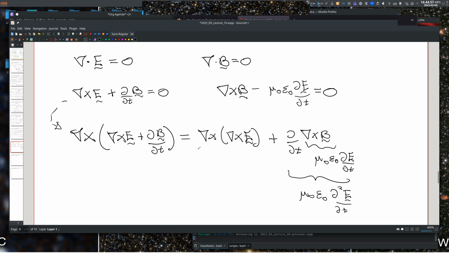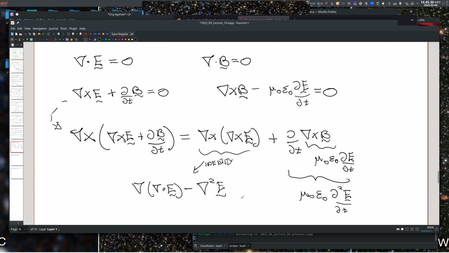Okay, and for this one here, essentially I need to use an identity that tells me that the curl of a curl is the grad of div minus the Laplacian. Okay, that's just a vector identity that's tabulated at the end. You can work it out component-wise once in your life if you want. It's just the way the coefficients arrange.